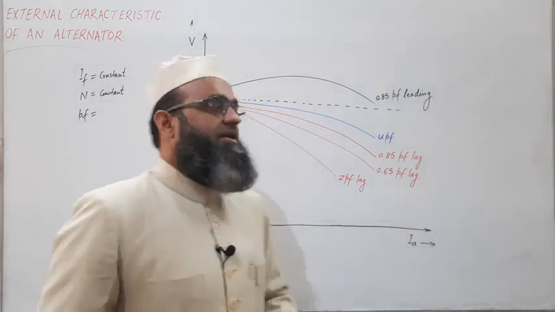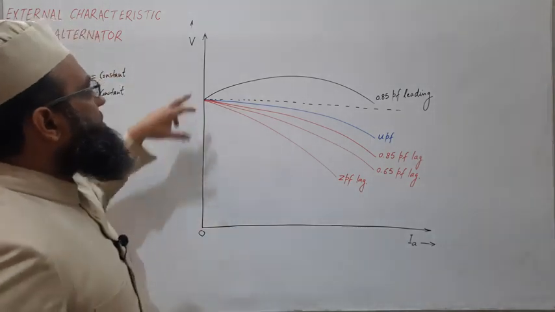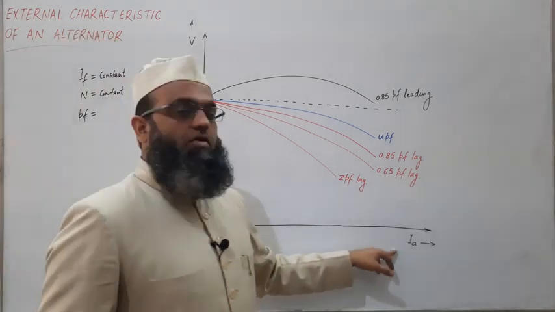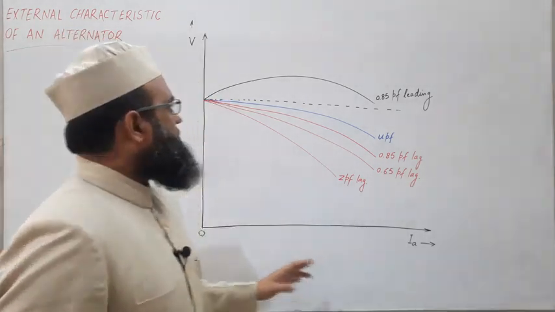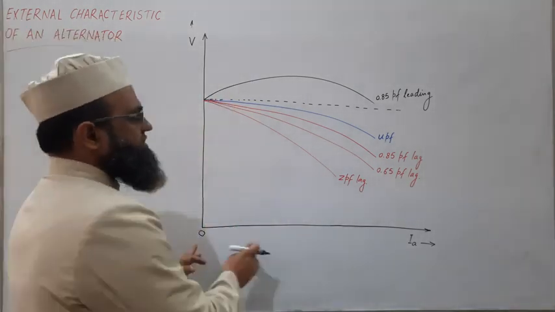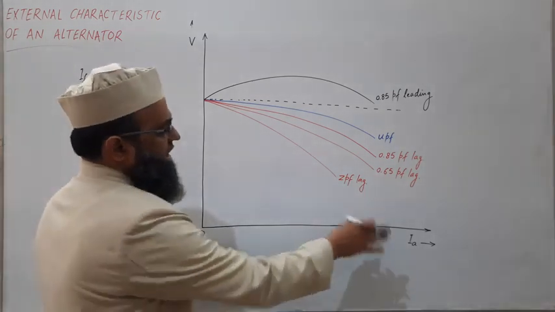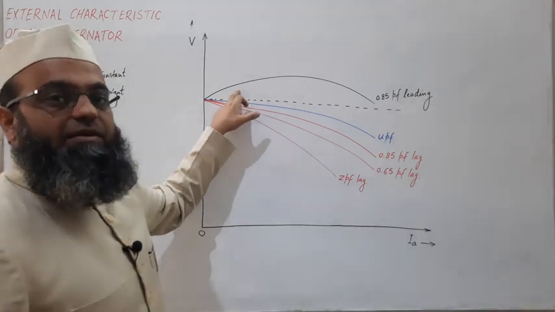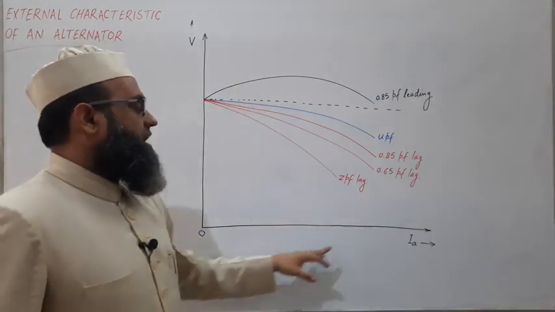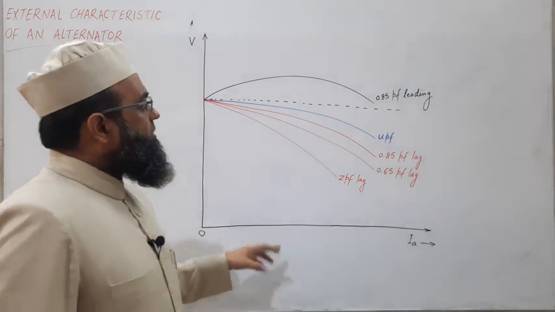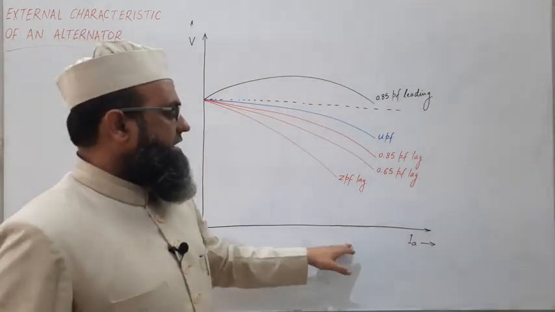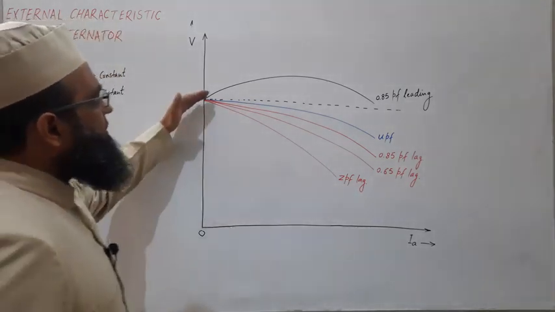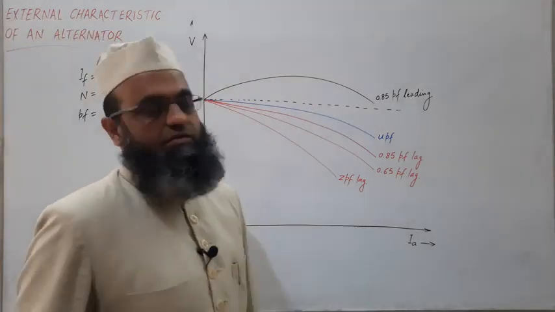Magnetizing means it will try to increase the terminal voltage, but at the same time Ia Ra drop will always be there. So in the initial range of Ia, the magnetizing effect dominates the Ia Ra drop, but after that Ia Ra drop dominates. So finally it first increases, then it starts decreasing.